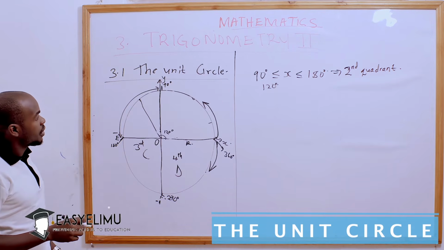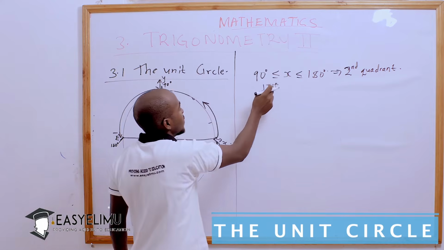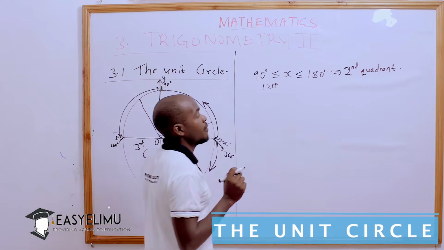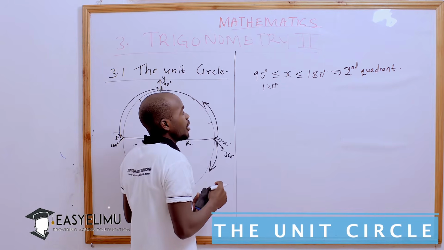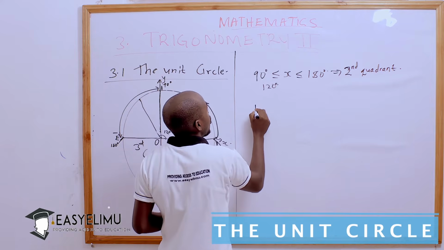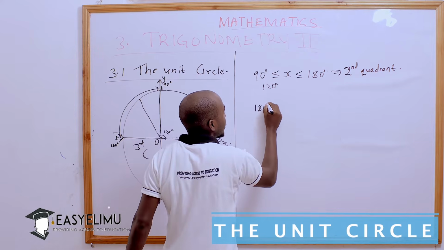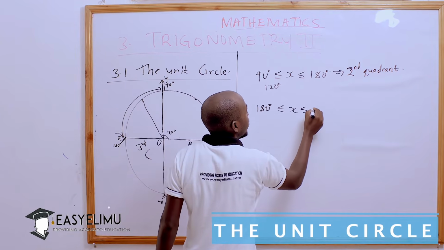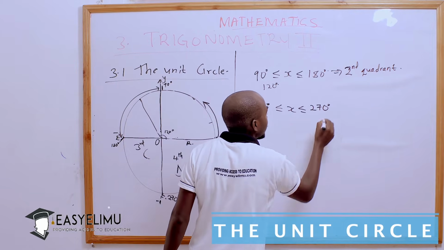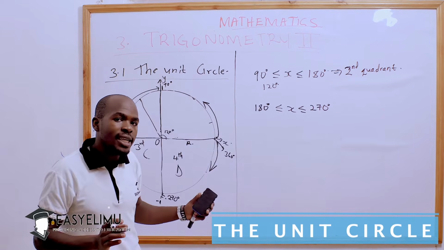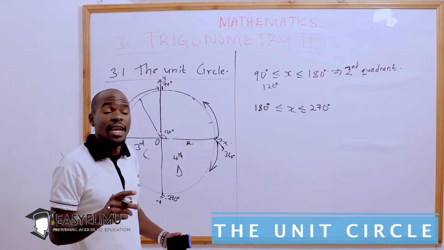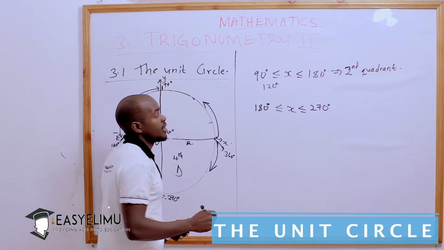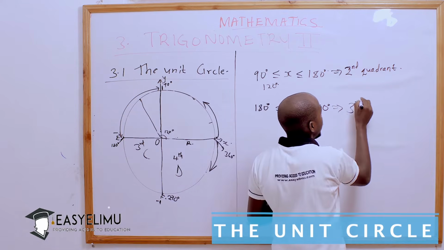So we have seen that any angle that is greater than 90 degrees but less than 180 degrees will lie in the second quadrant. And if you have any angle which is greater than 180 degrees but within 270 degrees, between 180 degrees and 270 degrees, then you identify that angle will lie in the third quadrant.